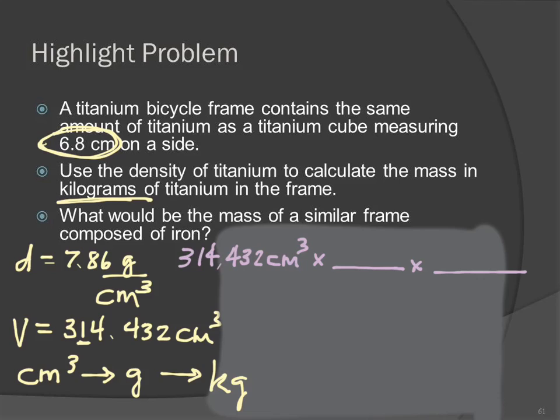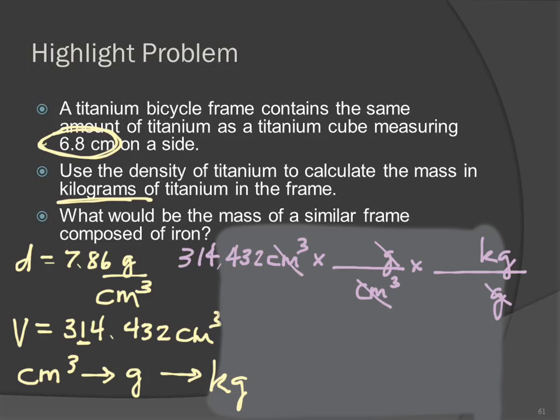Then cubic centimeters comes into the denominator, because we want those to cancel out, and gram comes down here, so they cancel out.